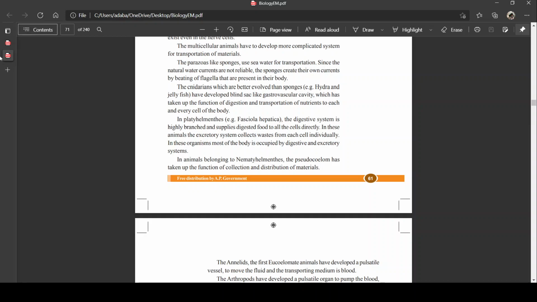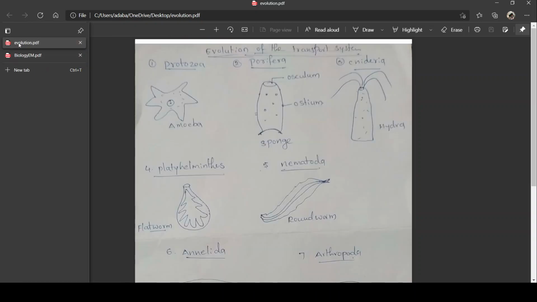Fasciola hepatica. See the picture. These are Platyhelminthes, also known as flatworms.